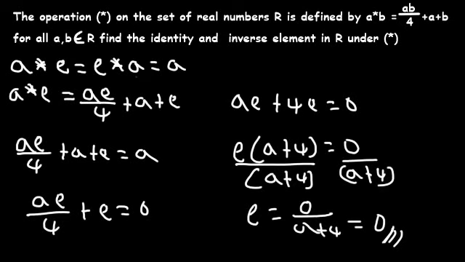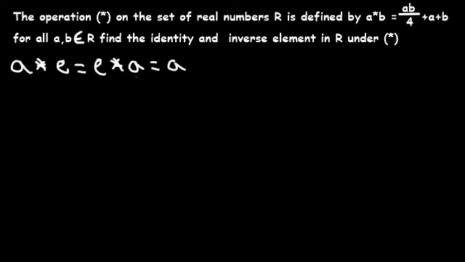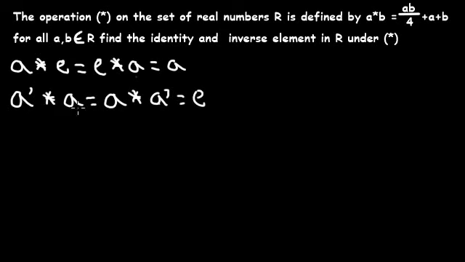So what about the inverse? Let's determine the inverse as well. To have enough space, let's get rid of this. Don't forget, e is equal to 0. Now we notice that the inverse, if it exists, a', if we combine it with a particular element a, is the same as combining that element with its inverse, and the result is simply e.